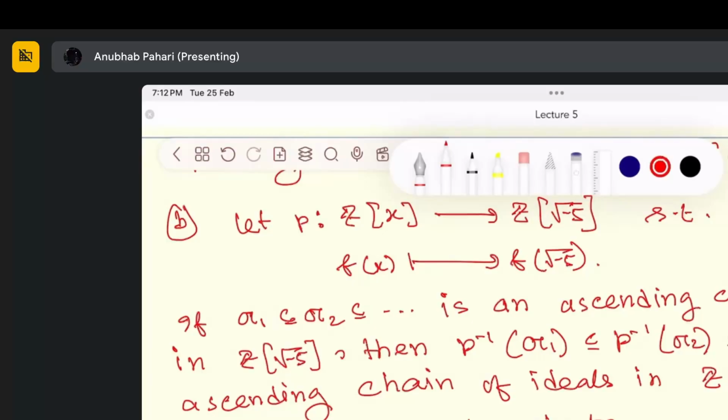So I tried to make this a little interesting. First I tried to include topological space arguments. Now I will try to include a problem based on group action and this Noetherianness. Okay, I think it will be interesting.